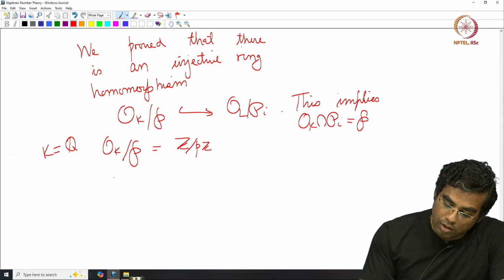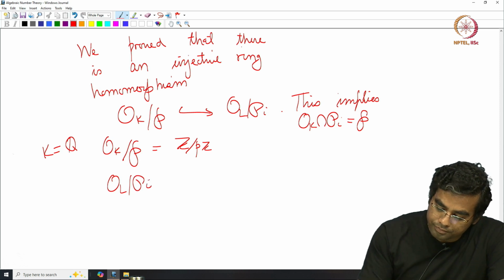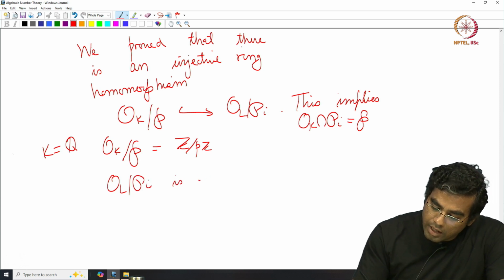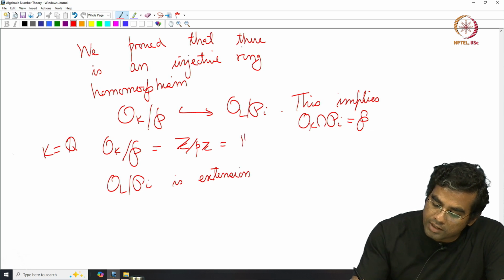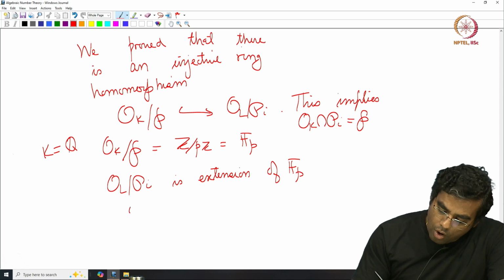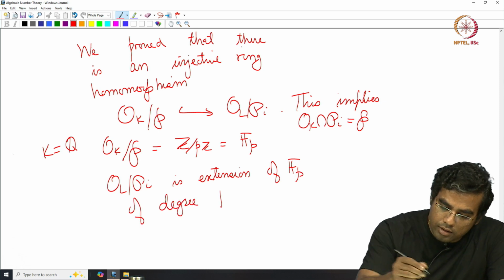Furthermore, OL mod Pi is a field extension of the finite field Fp, a field extension of Fp of degree Fi.